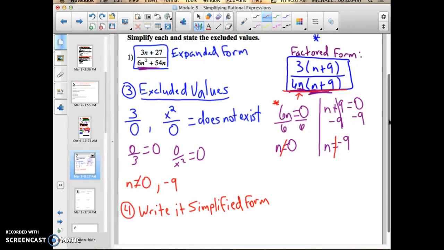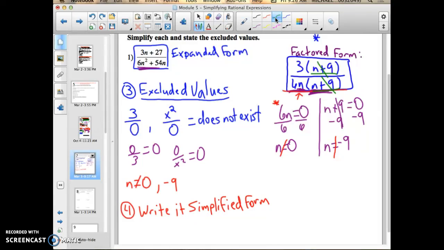Like factors meaning they have to be the exact same, or they have to be numbers that can reduce. So I see an n plus 9 up here, and I see an n plus 9 on the bottom. n plus 9 divided by n plus 9, it's the same exact thing. Those cancel out. So I know I will not have an n plus 9 in my simplified form.